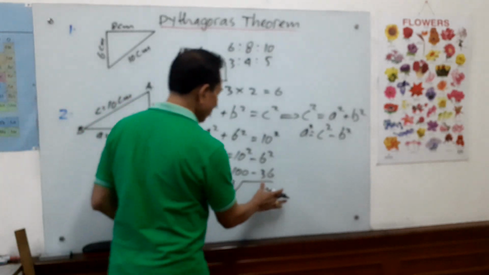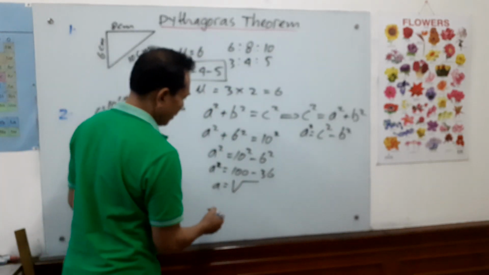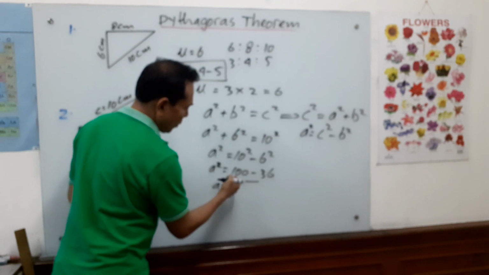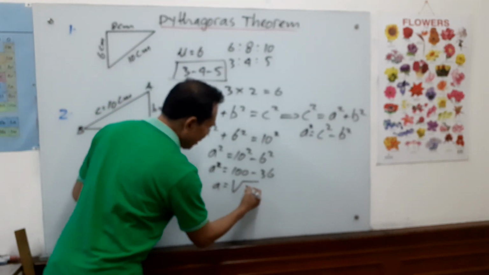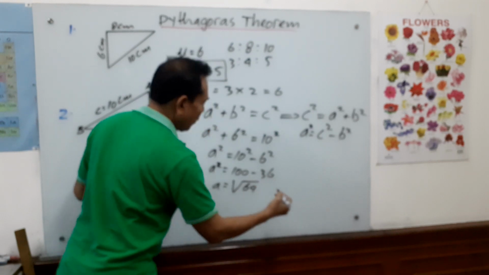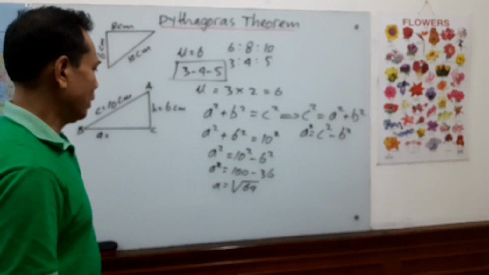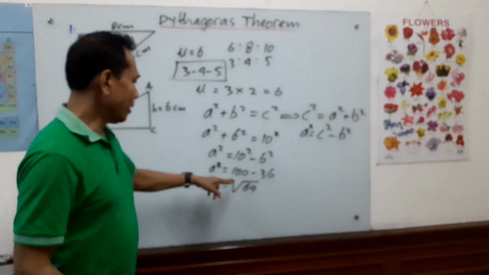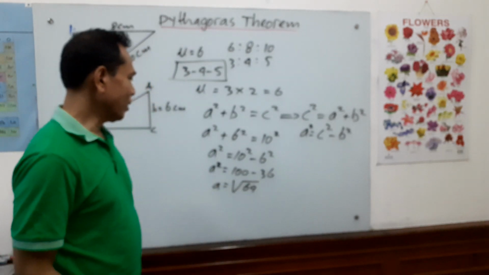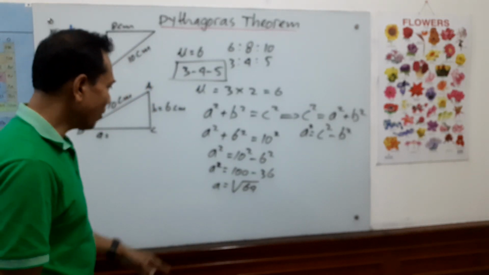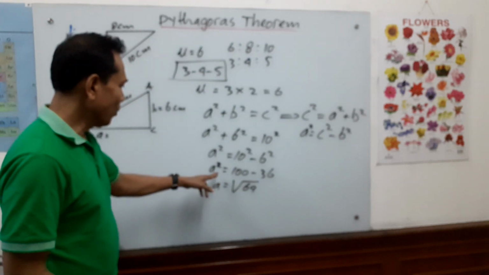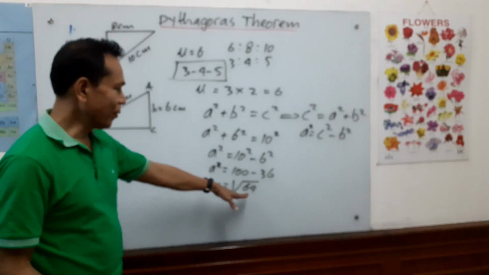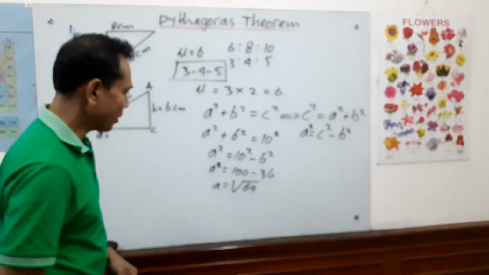So 100 minus 36 is 64. Now, A equals the square root of 64. We dismiss this square here, so we put this under the square root.